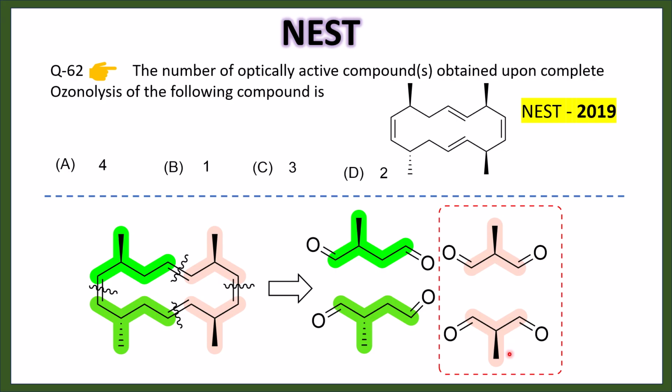Now we can see that these two compounds are the same compound, because if we rotate by 180 degrees, it gives the same compound through this axis. Whereas these two compounds are mirror images of each other, meaning they are enantiomers of the same compound, so their optical activity cancels one another.